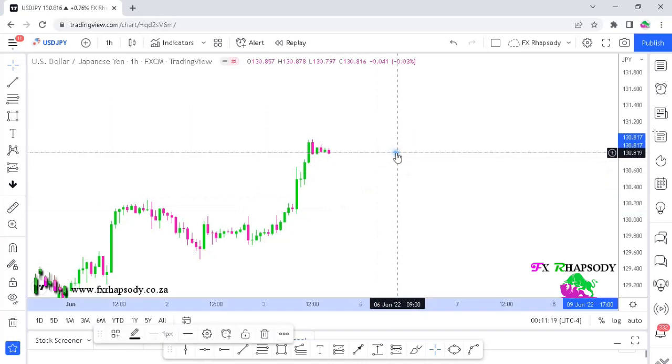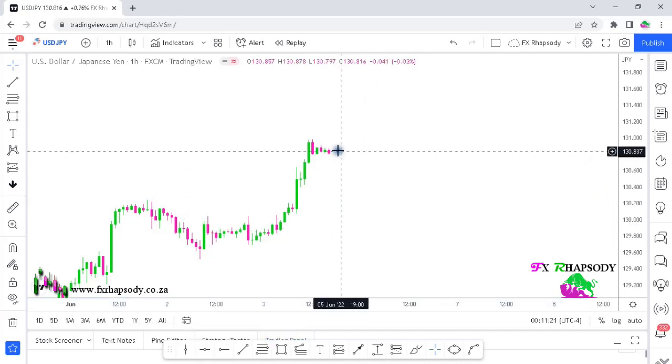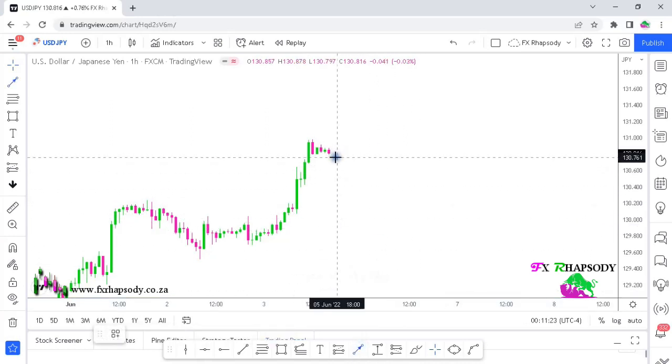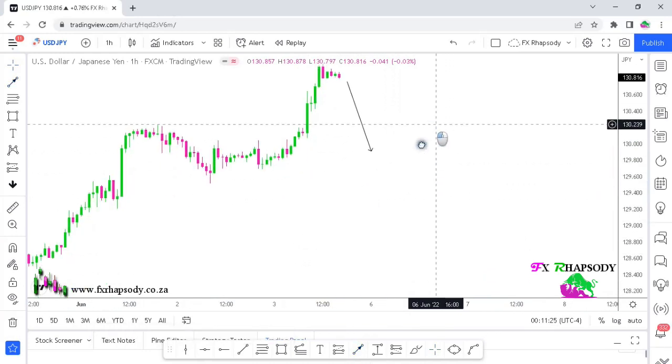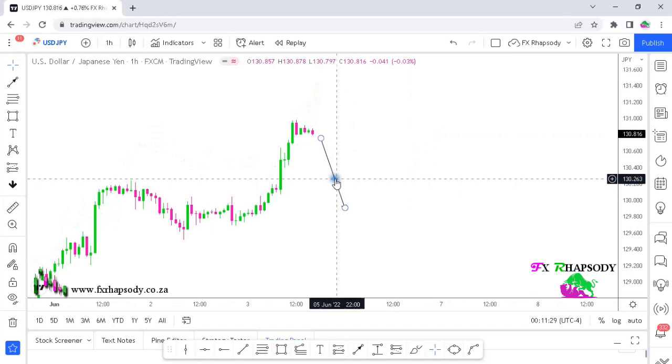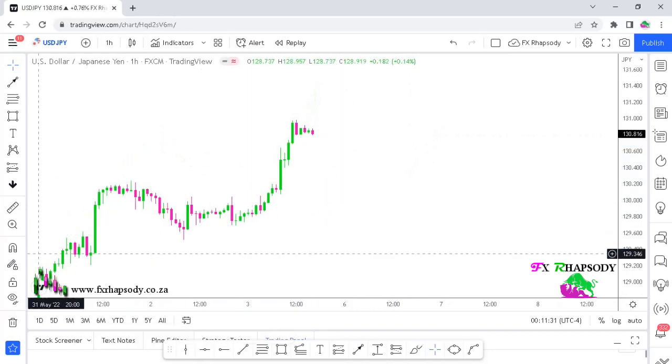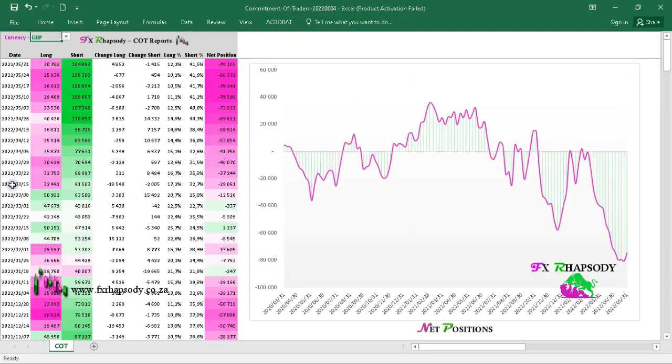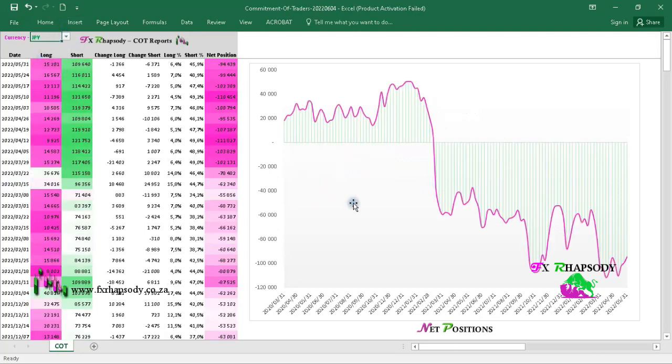So I would like to see, like I said, price retracing a little bit more. So I'm definitely going to be not biased on the sell, but with a nice push to the upside, we are looking at maybe some sell opportunities coming your way, especially if you look at your Japanese yen on your COT reports, it is hinting that it might be getting stronger, especially looking at the net positions.